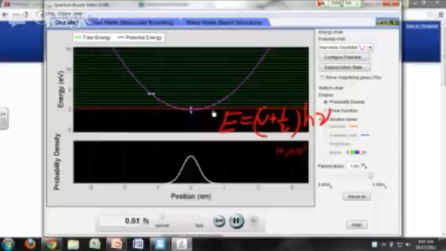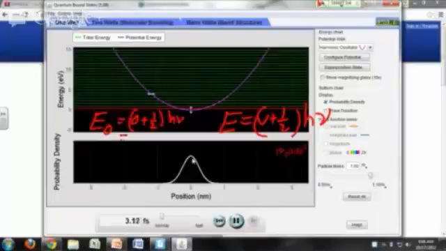So here I'm clicking on that red line. What's that energy? That's the ground state, right? So for v equals 0, the energy is 0 plus 1/2 times h nu, so that's equal to, I'm sorry, 1/2 h nu.